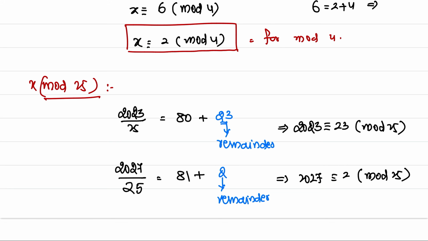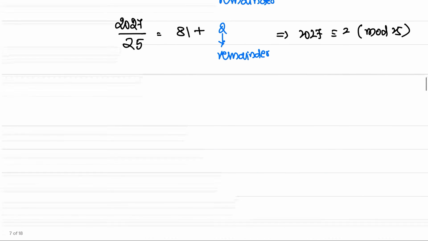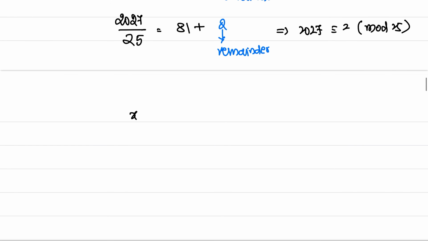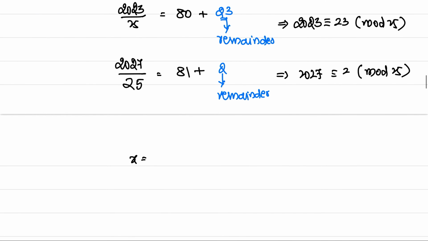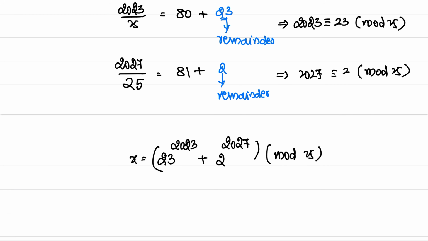Now in mod 25 we have to find out the powers. But x is equal to how much? Then x becomes 23 to the power of 2023 plus 2 to the power of 2027 mod 25.